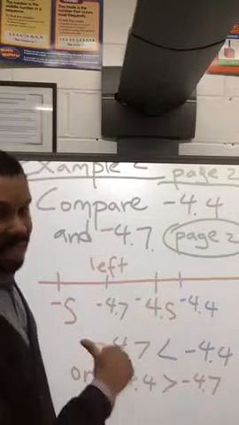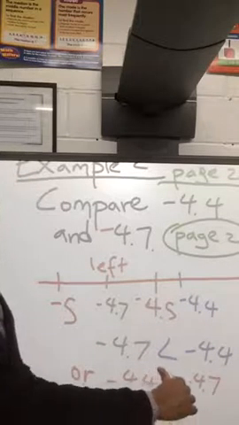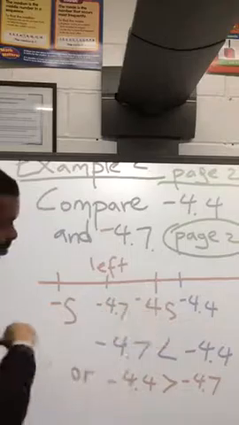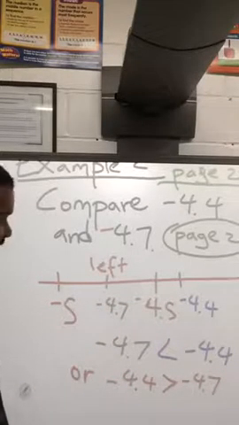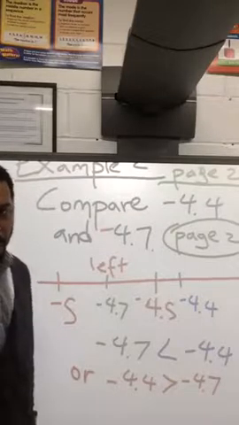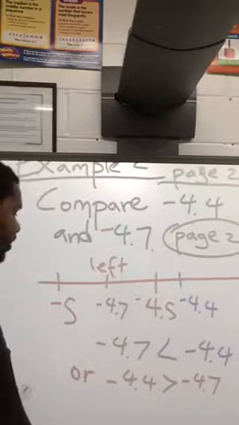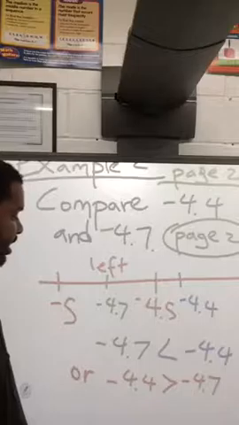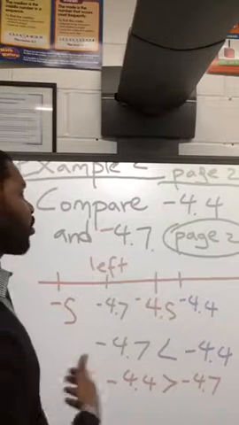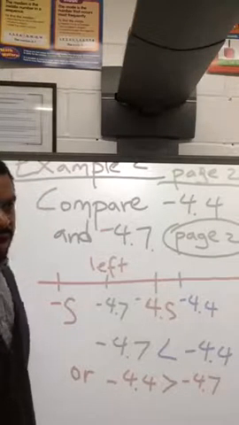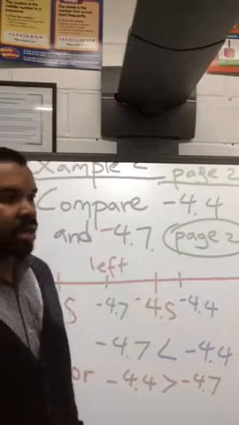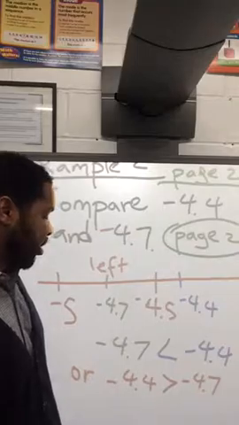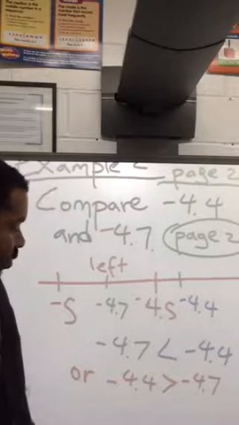So that means that negative 4.7 is farther back away from 0, which means that negative 4.7 is less than negative 4.4. And you can also write it as negative 4.4 is greater than negative 4.7. In other words, negative 4.4 is farther to the right of negative 4.7.